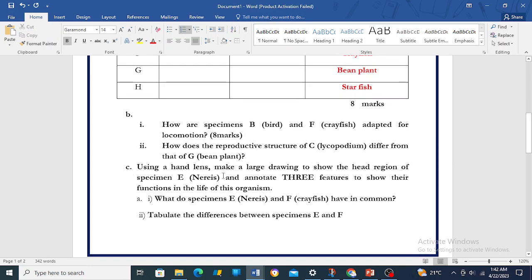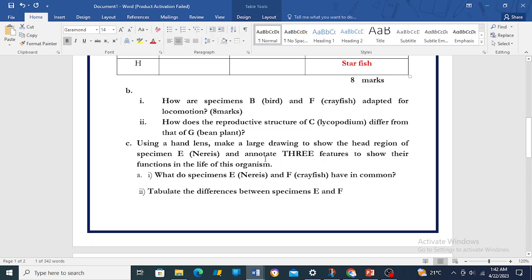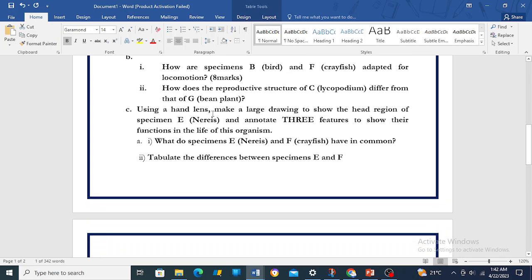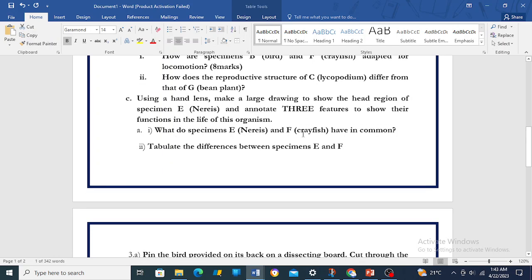Using a hand lens, make a large drawing to show the head region of specimen E. Specimen E was the nares, okay, and annotate 3 features to show their functions in the life of this organism. So use the hand lens. What do specimens E and F have in common?